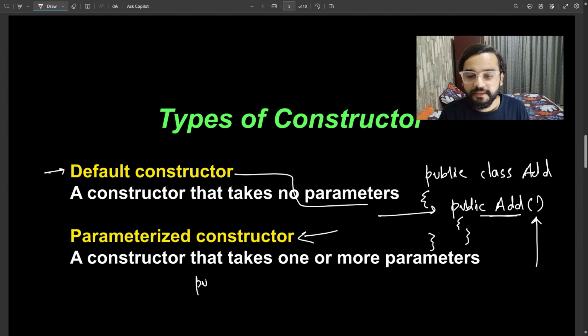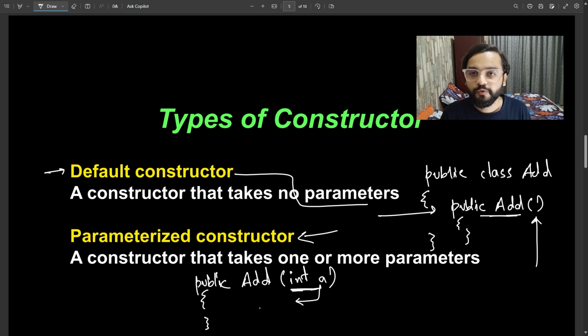So if I write public add int a, then this int is the parameter that we have used, and therefore this constructor is a parameterized constructor. Now this parameter will give the value to the variable that is declared inside a class, which will initialize its value. Here if I have int x, then I can initialize the value this way.